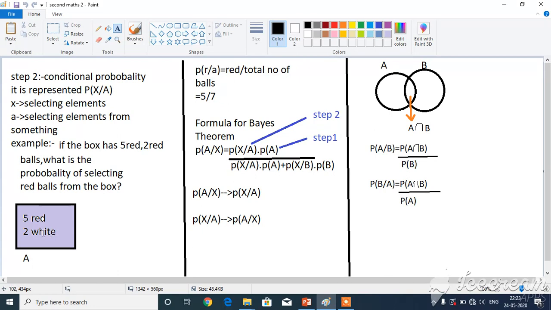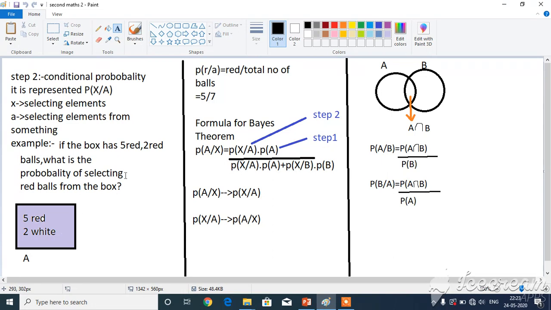What is the probability of selecting a white ball from box A? It means P of W over A is white divided by the total number of balls, and white here is 2 balls, so 2 divided by 7. It is the probability of selecting the white balls from A.